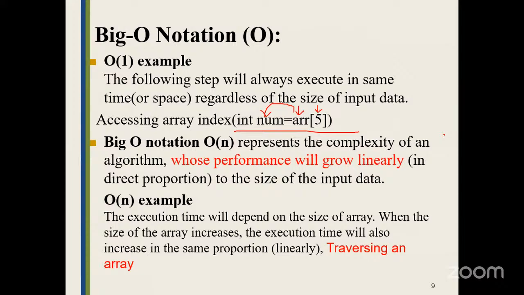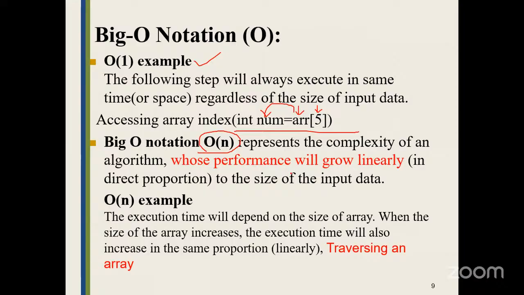Next case is order of n. This is the order of 1. Coming to the order of n. Order of n represents the complexity of an algorithm whose performance will grow linearly in direct proportion to the size of the input data.